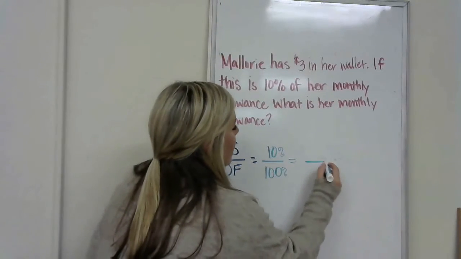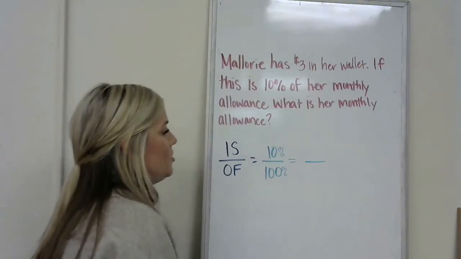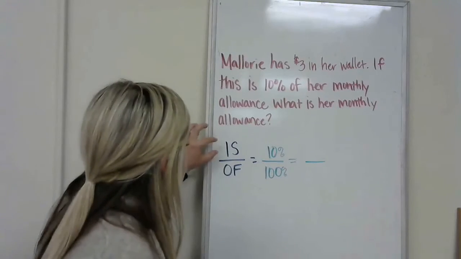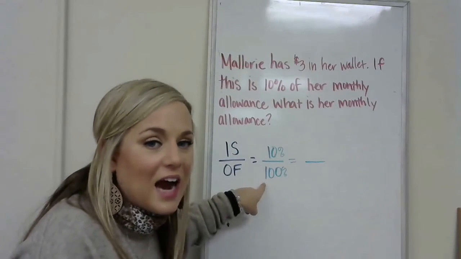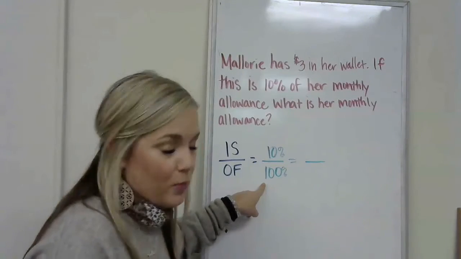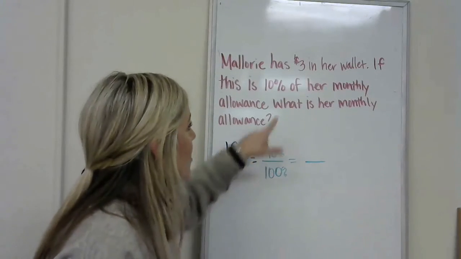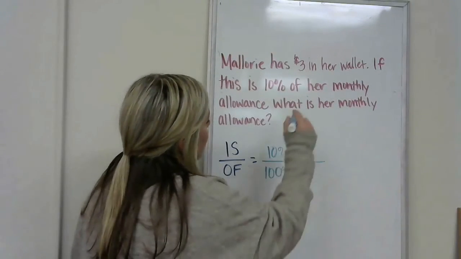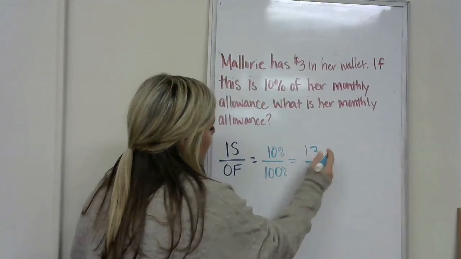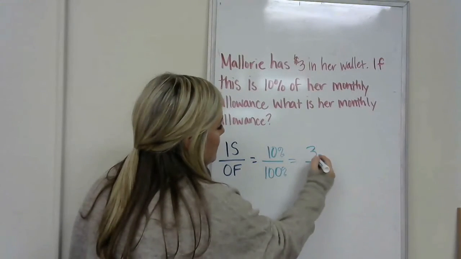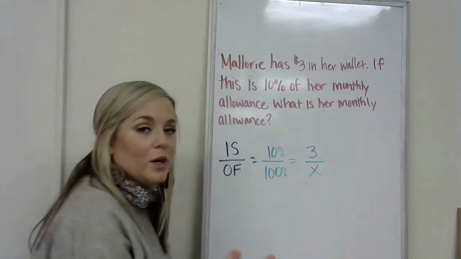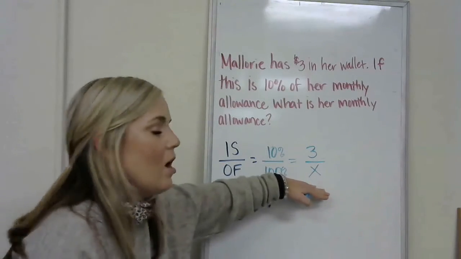If is over of is confusing to you, you can look at it like this: this is my part and this is my whole. 10% is part of my entire 100% allowance. And $3 is 10%, not 13, sorry. $3 is 10% of her entire allowance. We don't know her whole allowance, or of.